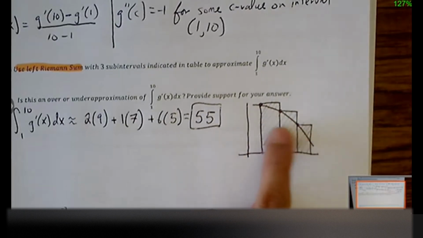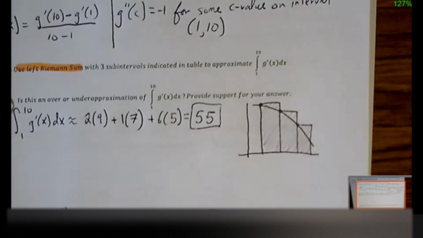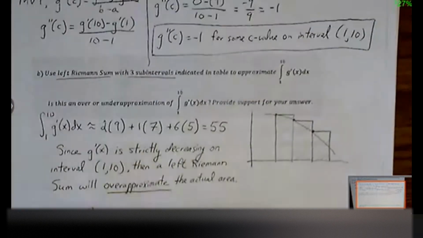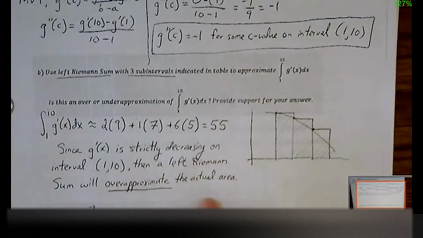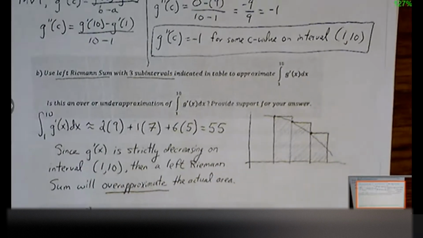So we know the area of these rectangles will be higher than the actual area under the curve. So yeah, since G prime is strictly decreasing on the interval from 1 to 10, a left Riemann sum will over approximate the actual area. Okay, thank you. Mm-hmm.